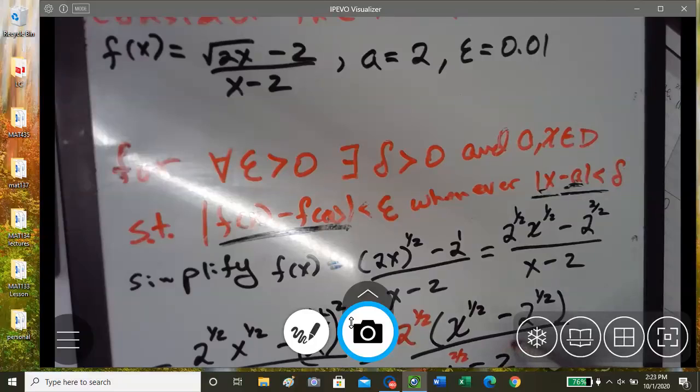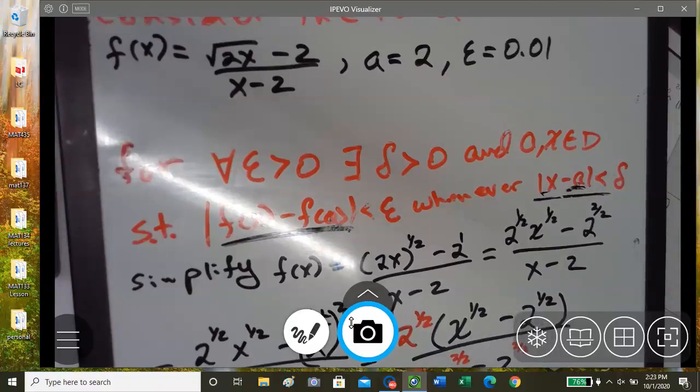And this is 2 to the first, so that's 2 over 2. So 2 to the 1/2, that's the same thing as the square root of 2, times x to the 1/2, that's the same thing as the square root of x, minus 2 to the 1/2, that's the same thing as the square root of 2.